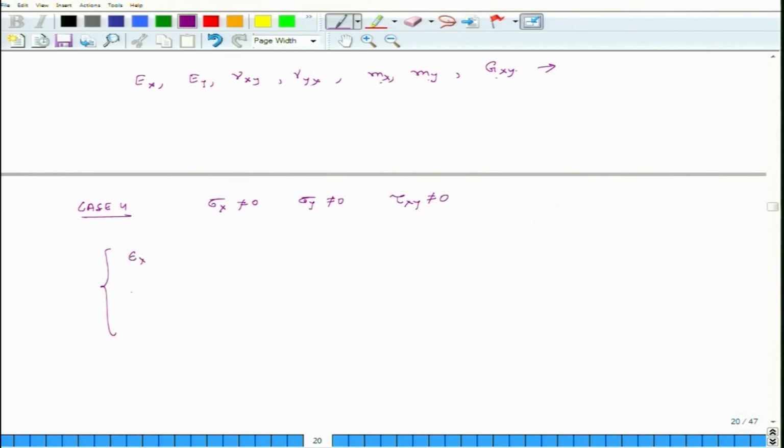So, we get this relation. So, epsilon x will have one component due to sigma x, one component due to sigma y, and one component due to tau xy.